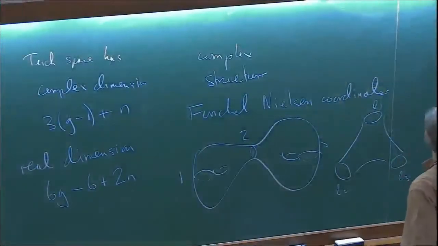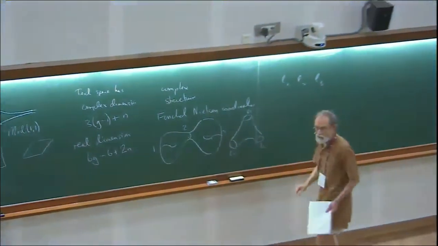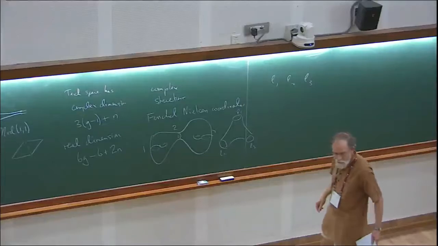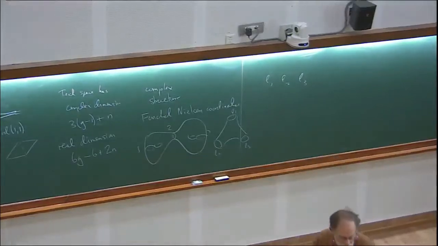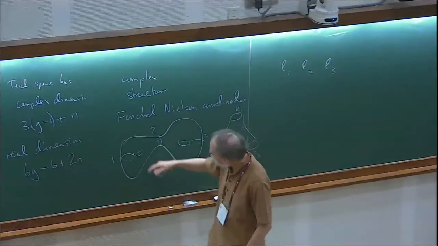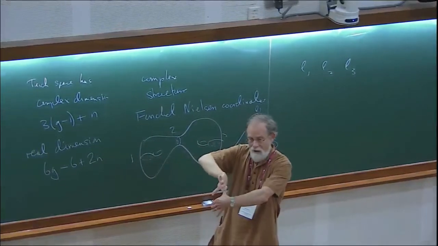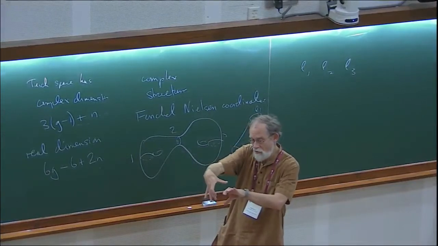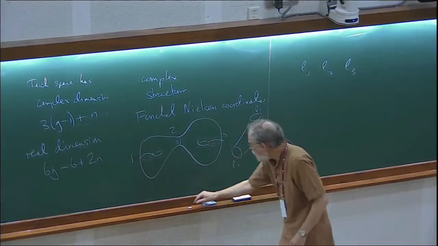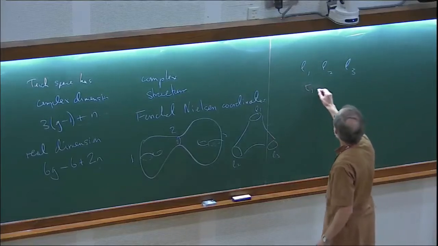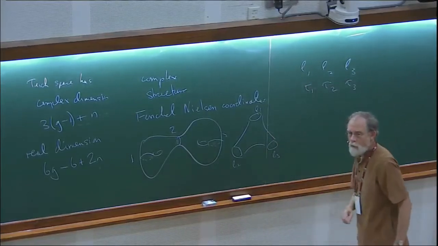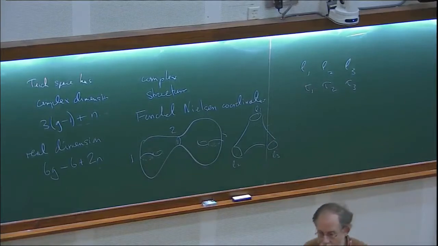So if for each of my curves I write down the lengths, I'm not done with specifying what the geometry on the surface is, because I can make changes by doing Dehn twists along these curves. I can cut along my closed geodesic, and then I can rotate one side relative to the other. And so you get some parameters, which are usually denoted by tau, one twist for each closed geodesic.